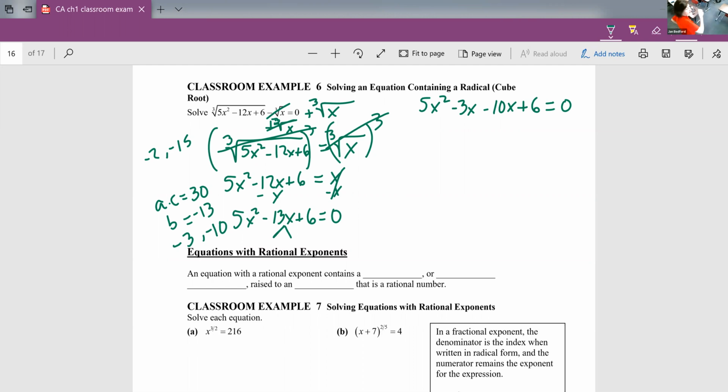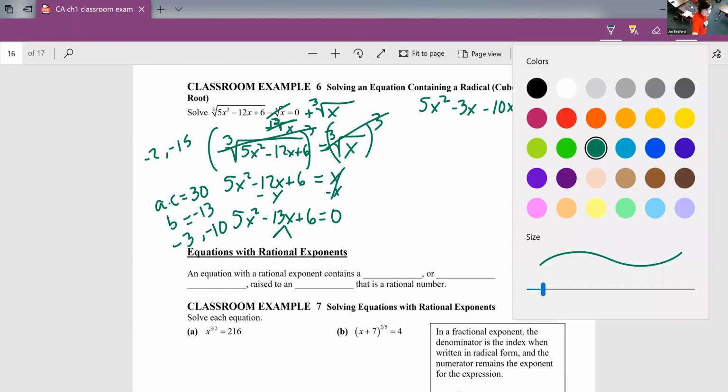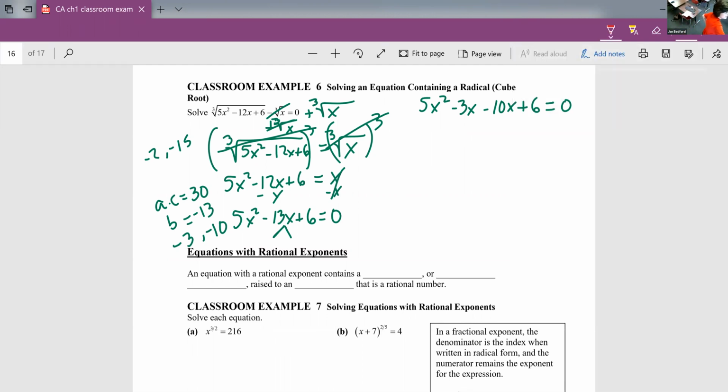Okay? So now let's factor. Look at your first pair. What would be my common factor? X. What would go inside parentheses? 5x minus 3. All right, let's check and see if he's right. Is x times 5x 5x squared?